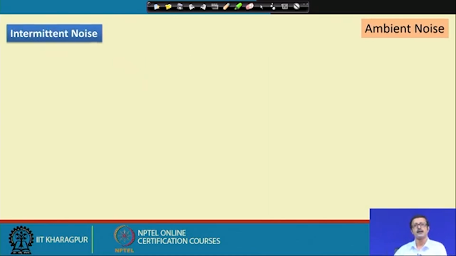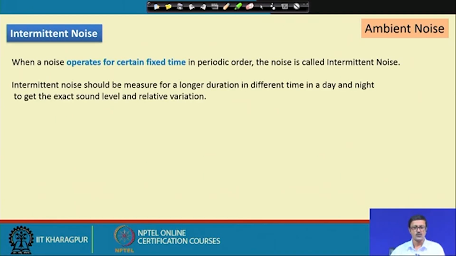Intermittent noise is that which tends to be continuous, it has a kind of continuity, but there are some gaps or drops. It operates for a certain time, in which there is a plateau, and then it drops, and then again it goes like that.